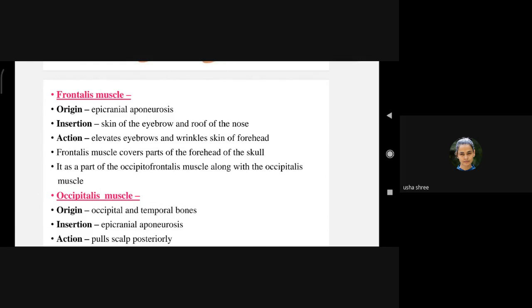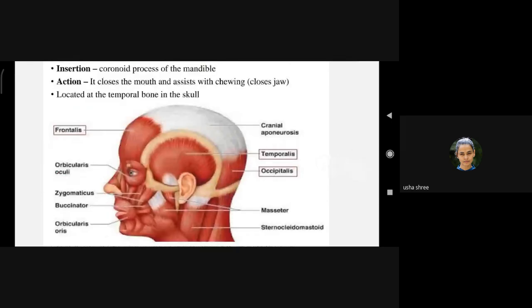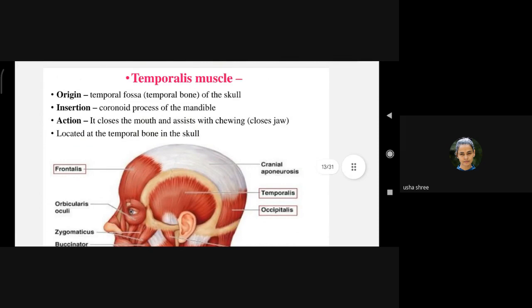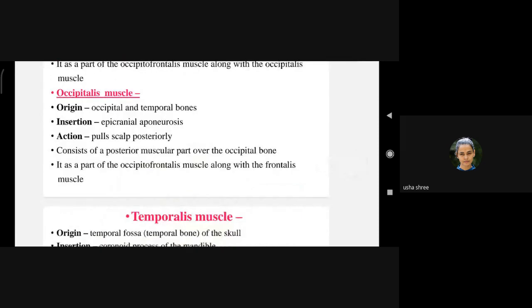Now, the next is the occipitalis muscle. You can also see this in the picture. At the back of the head, the red color starts and ends here. It is labeled just below the temporalis. The origin is the occipital and temporal bone, and the insertion is the epicranial aponeurosis.